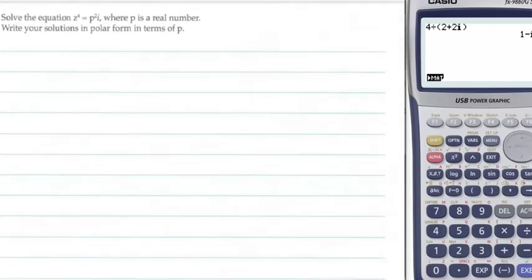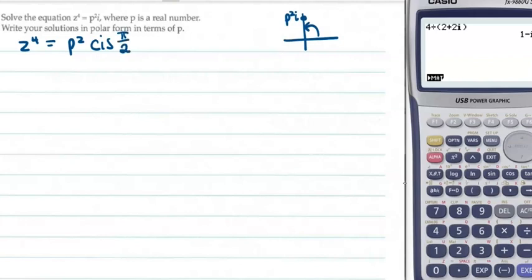Okay, for D, we have z to the power of 4 is p squared i. So think about this on the Argand diagram. We are on the imaginary axis up here at p squared i. So we have z to the 4 is equal to p squared as a modulus, and the angle it's gone round just here is pi by 2. We need it in polar form so we can use de Moivre's to find roots.